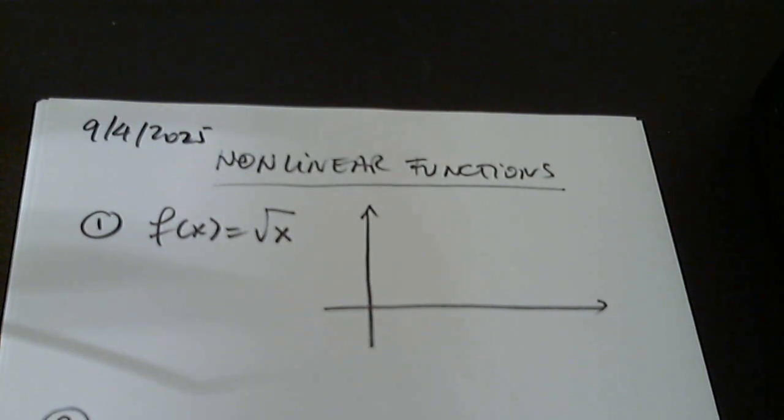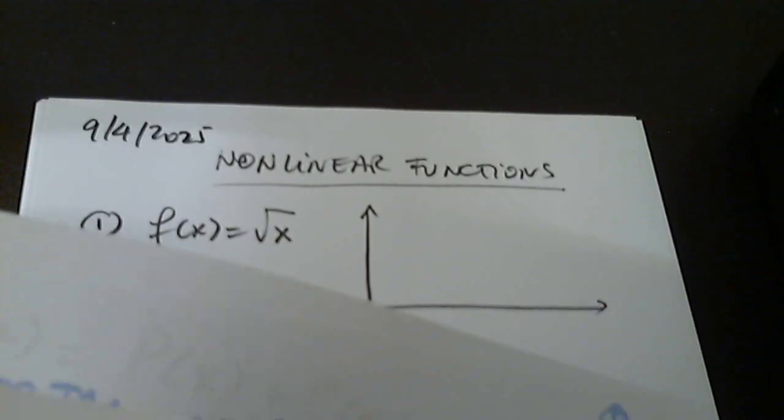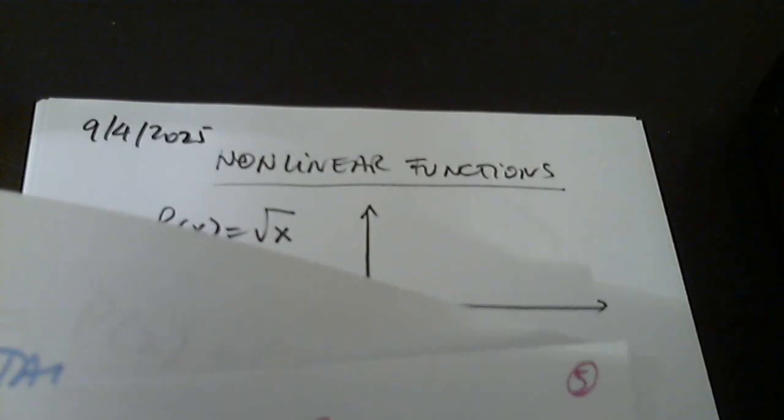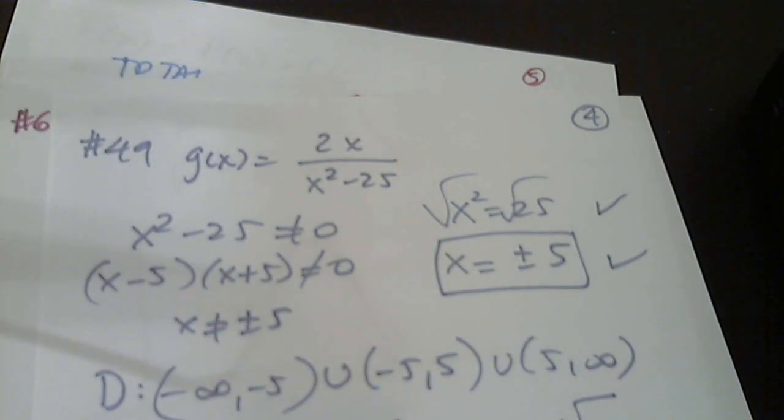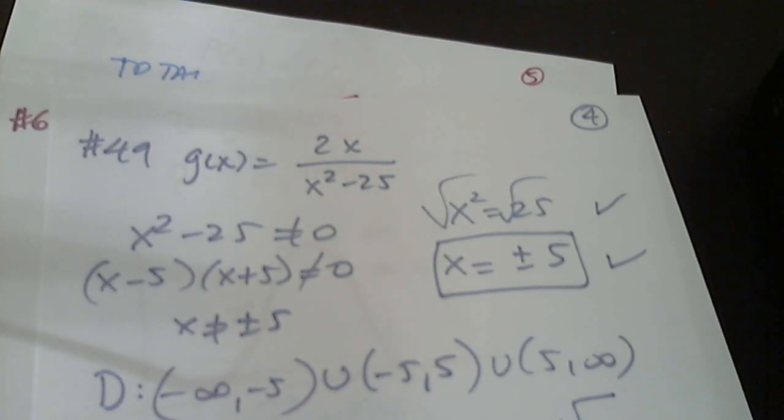So let's go back. As we said, with radical functions, if the index is even, we always have to make sure that the quantity under the square root, the radicand, must be nonnegative.